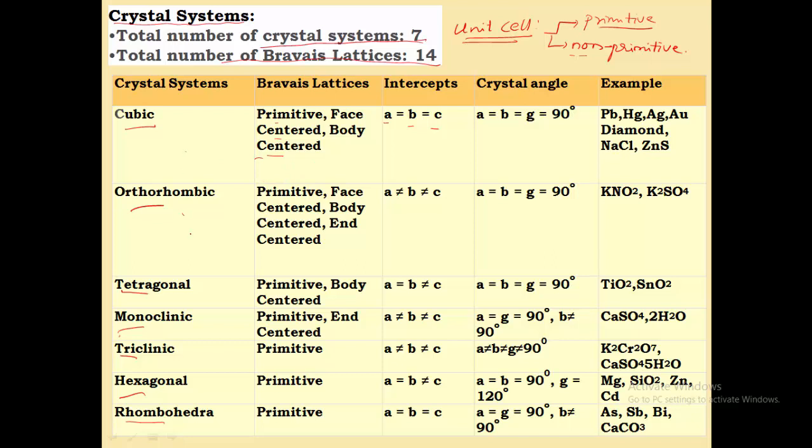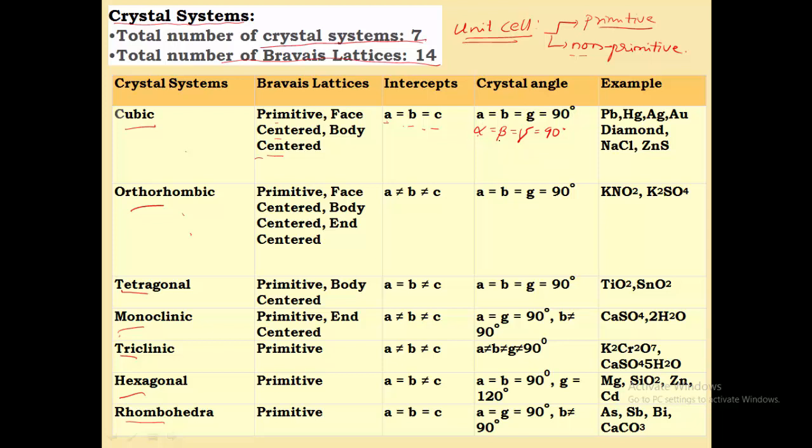In 7 crystal systems, 14 Bravais lattices can be found, and a, b, c are edge lengths, and alpha, beta, gamma are the angles.